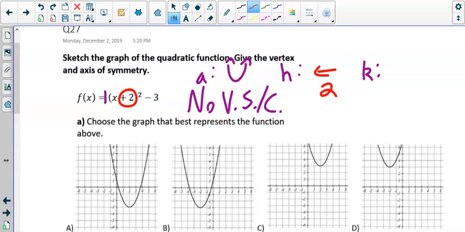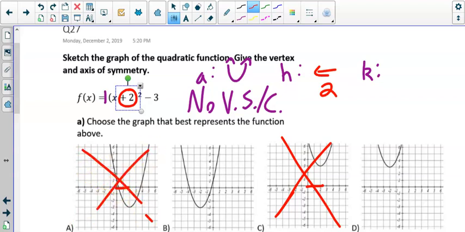So instead of moving right, you're really going to move left. So I need any graph that looks like it has moved left 2. Which ones am I going to throw out now? C, definitely, because we moved to the right 2. So that's gone. Anybody else? And A. A definitely moved to the right 2. So A is now gone. That's a 50-50 shot.